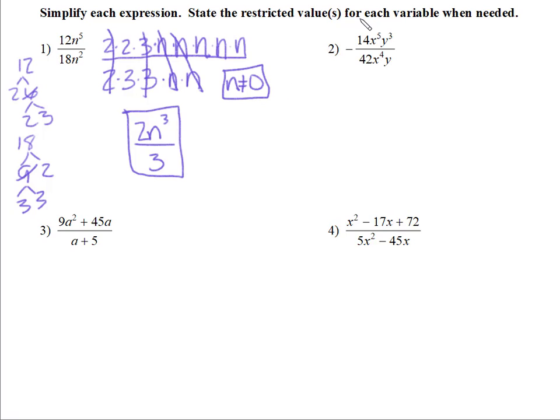Okay, that wasn't too bad. So over here, we're going to do something similar. If they throw a negative sign in front of my fraction here, we're going to take that negative sign and distribute it to everything in the top, which is technically just one term there. So we're going to have negative 14 x to the 5th y to the 3rd over 42 x to the 4th y.